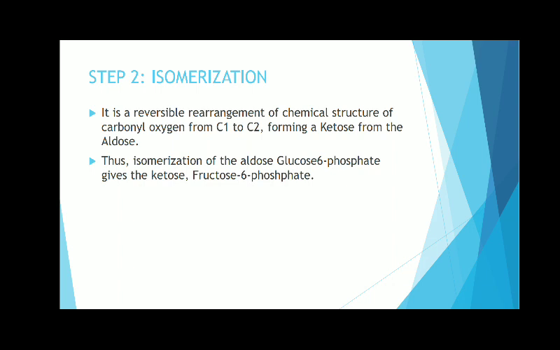The next step, that is step 2, is isomerization. In this, the rearrangement of chemical structure of carbonyl oxygen from C1 to C2 occurs, forming a ketose from the aldose. Thus, isomerization of the aldose glucose 6 phosphate gives the ketose fructose 6 phosphate.